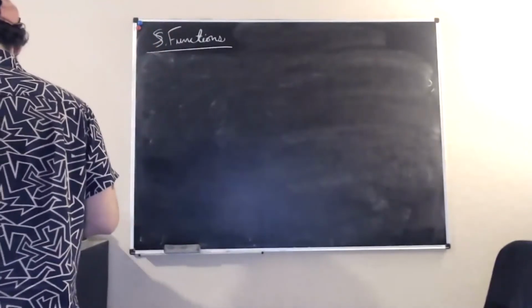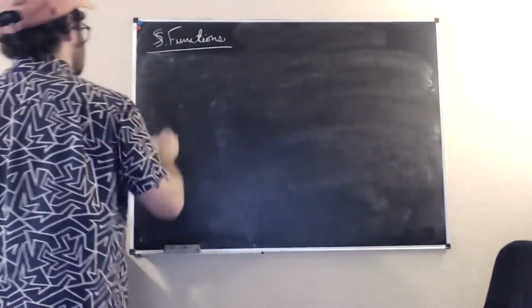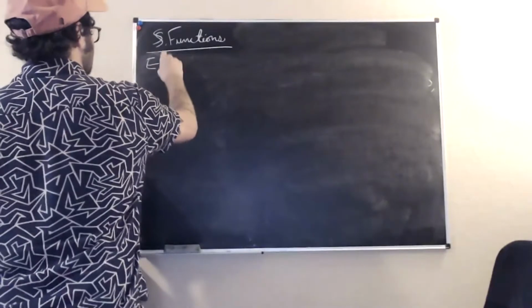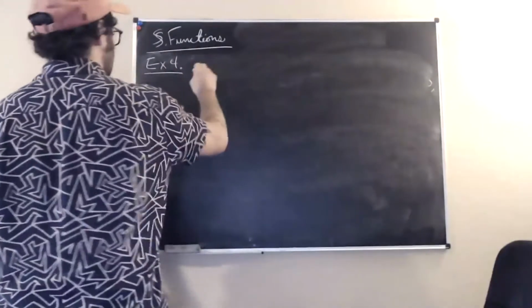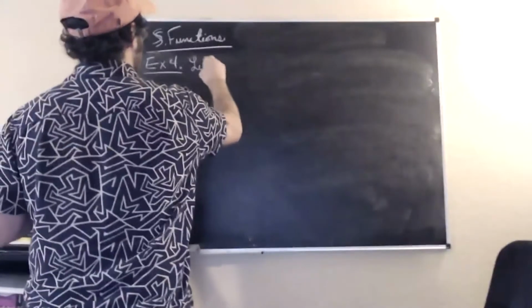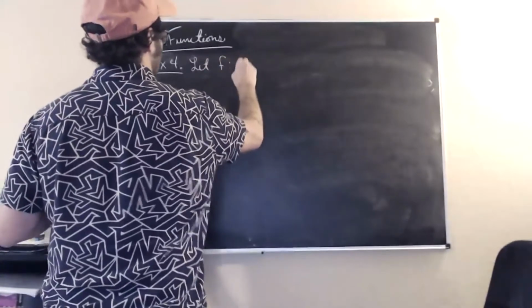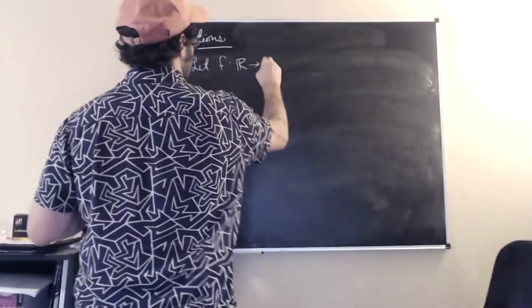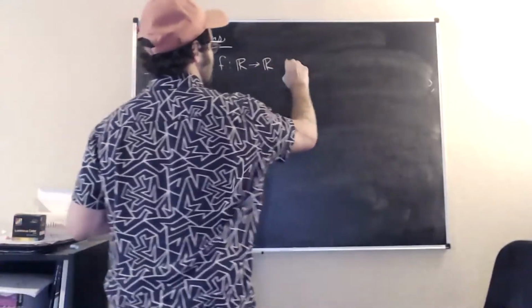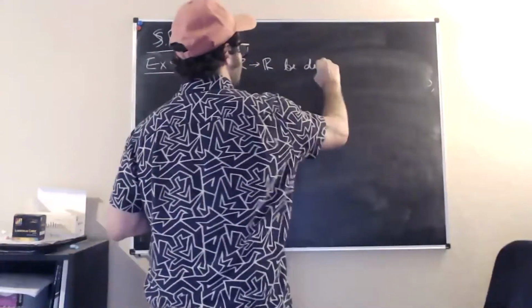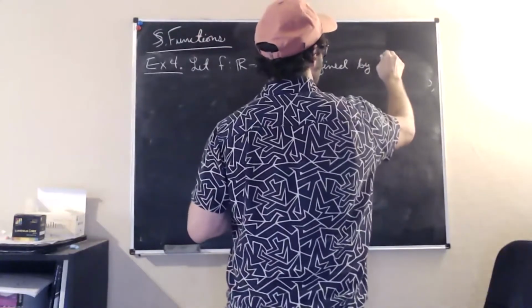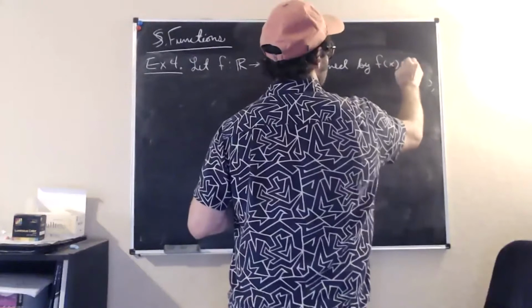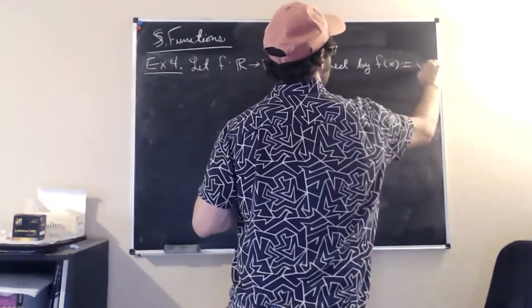For example, let f map R to R be defined by f of x equals x squared.